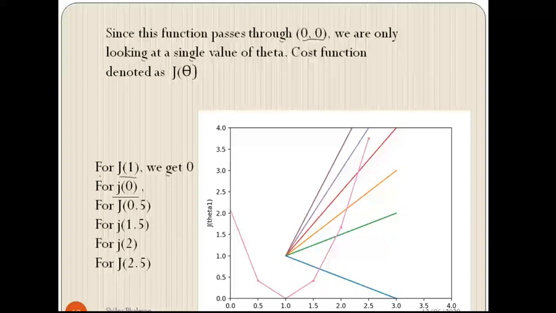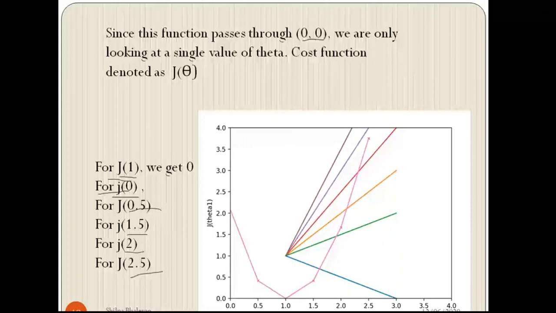If theta 1 is 1, what is the value of cost? If theta 1 is 0, what is the value of cost? For various values of theta 1, we compute the cost and find for which value it is minimum.